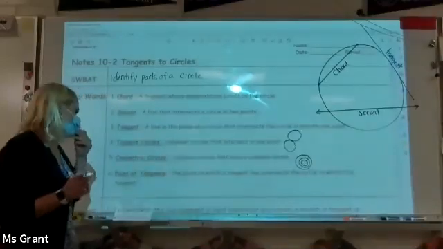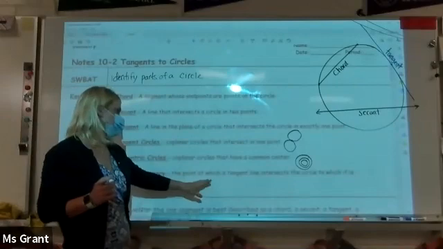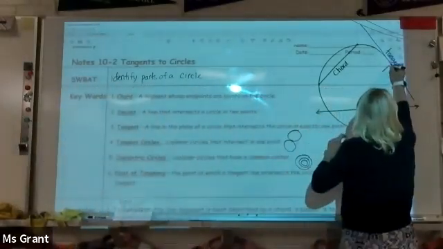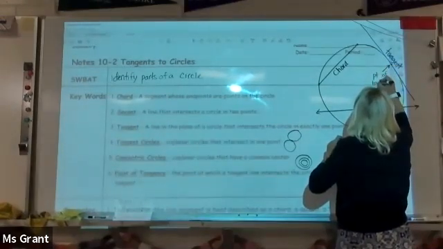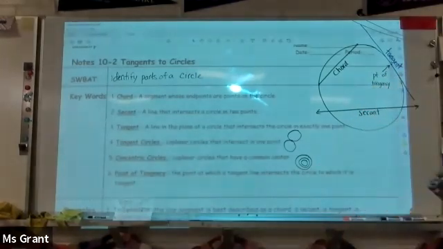A point of tangency. Okay, this is the point at which a tangent line, this right here is the point of tangency. Right there, where does the line hit the circle? That's the point of tangency.